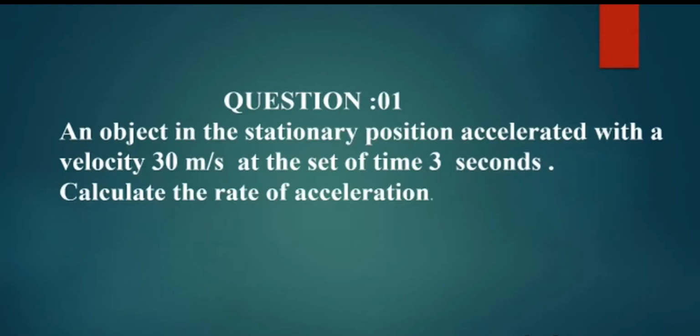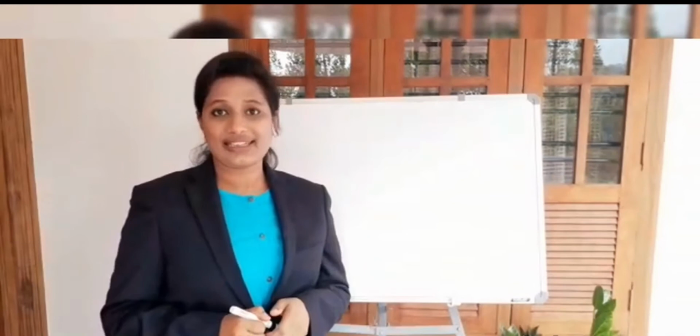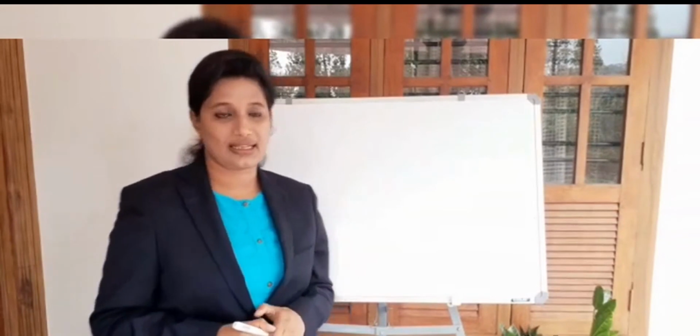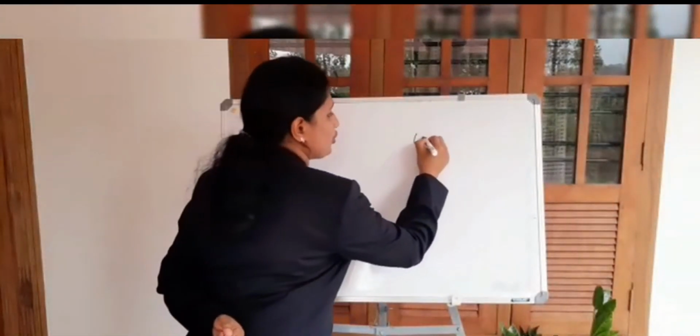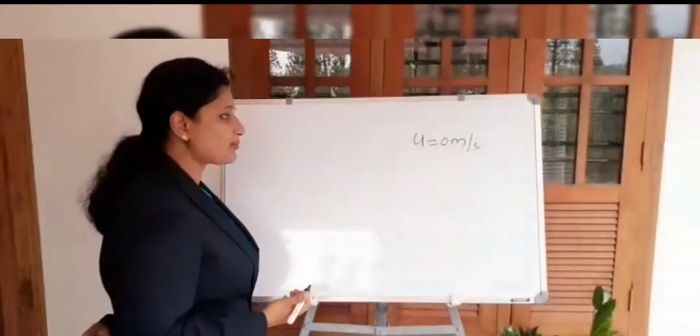Question number 1. An object in the stationary position accelerated to a velocity of 30 meter per second in a time of 3 seconds. Calculate the rate of acceleration. Before solving the question, let us identify the quantities mentioned in the statement. Here, the object is at rest, then accelerates to a velocity of 30 meter per second. So, initial velocity u is equal to 0 meter per second because the object was at rest.